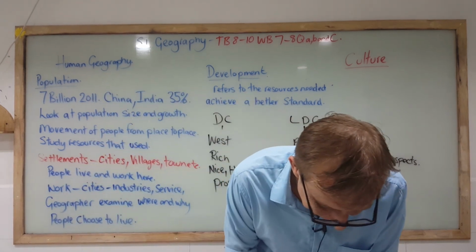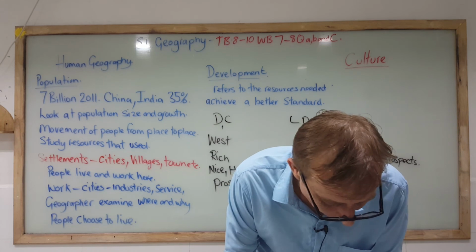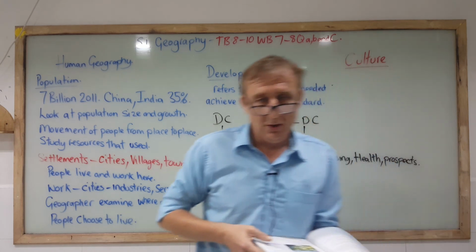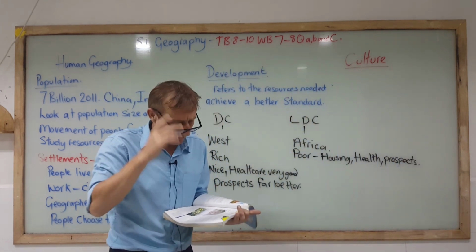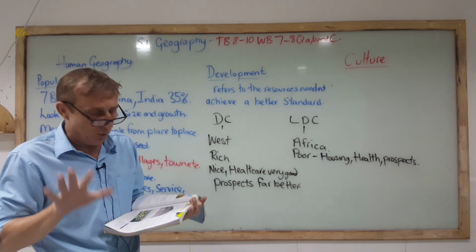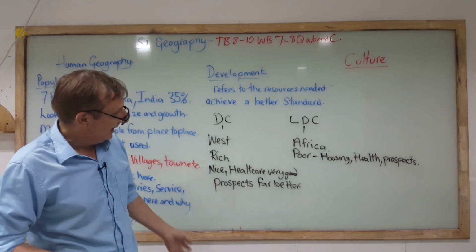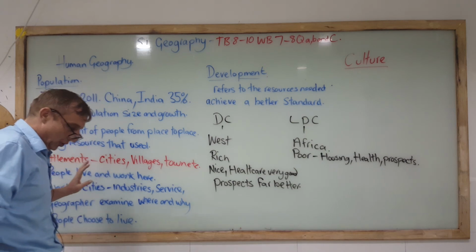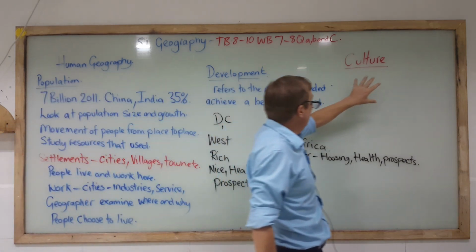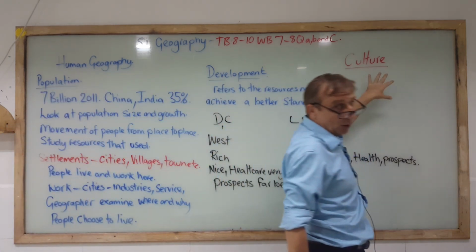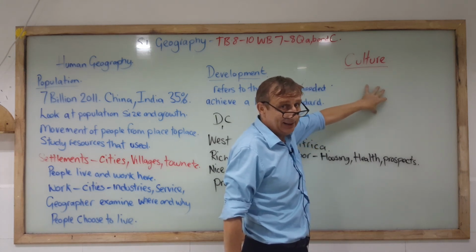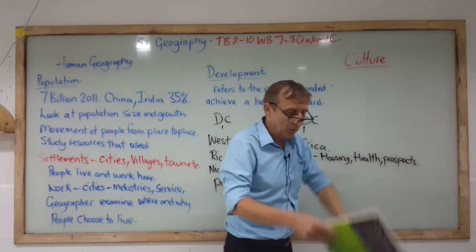For culture. Right. All you've got to do for homework, because we've not gone far enough yet to hit the workbook, is make this nice and neatly in your book. I want you to give me a good explanation of what culture means for various parts of the world.